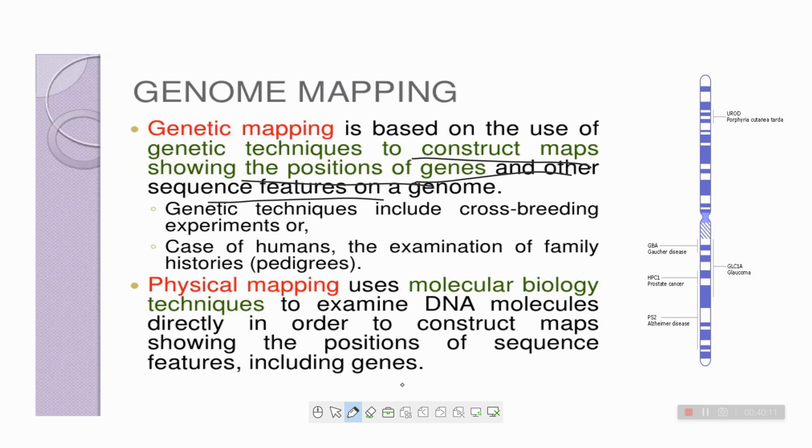Actually, chromosome mapping is done to identify the location or position of the gene. Suppose we want to identify the Gaucher disease or glaucoma gene. How can you determine this? This will be determined with the help of chromosome mapping. We map the chromosome. Genetic techniques include cross-breeding experiments or, in the case of humans, examination of family histories.